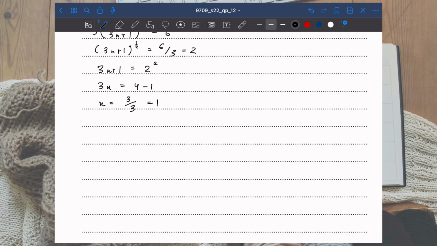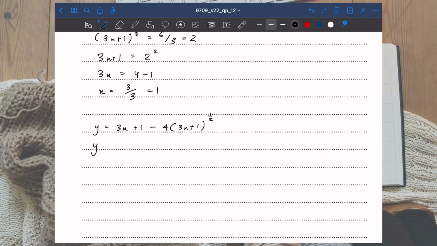Earlier the equation of the curve was y equals 3x plus 1 minus 4 times (3x+1)^(1/2). So our y coordinate will be 3 times 1 plus 1, minus 4 times (3 times 1 plus 1)^(1/2). So this gives us -4.